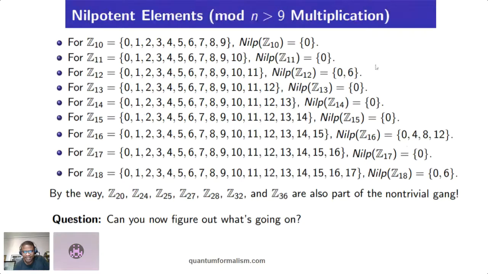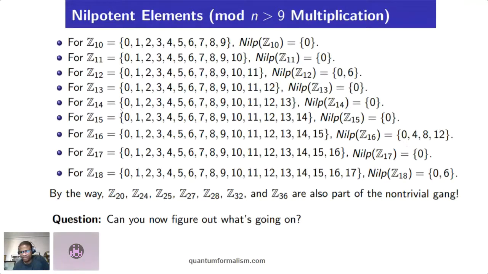It has 0, 6. I claim, there's probably a typo at some point. I don't know. Z13 is trivial. Z14 is trivial. Z15 is trivial. And now we get to Z16, non-trivial. I claim, I hope I didn't make any typo, that this is it, 0, 4, 8, 12. Let's hope that's the case.